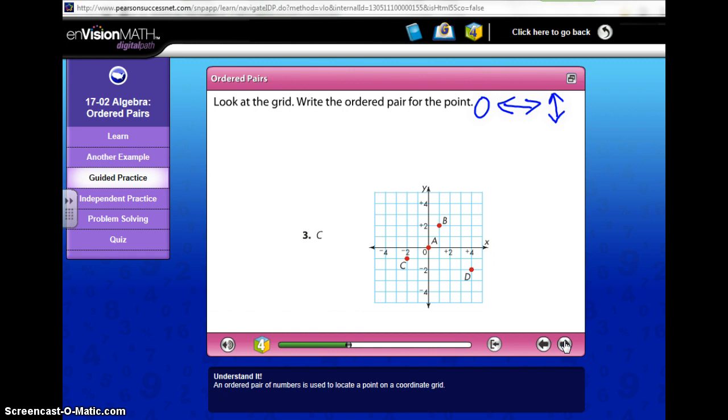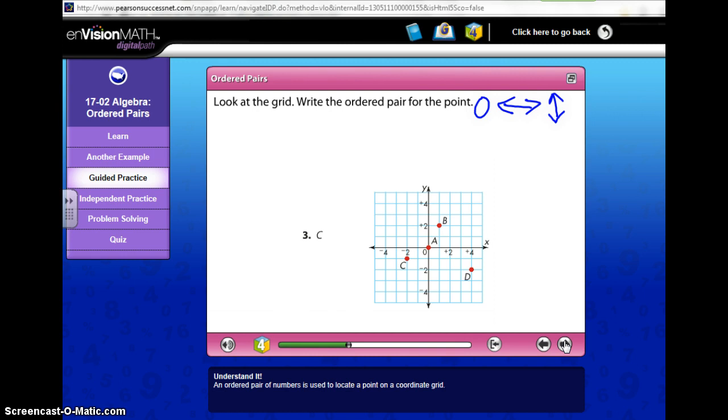Now, point C. Start at 0, over, and then up or down. I know it's tough for some of you to see back there.